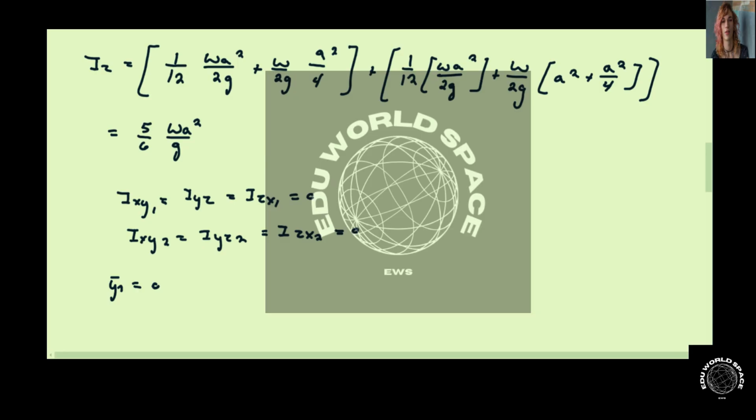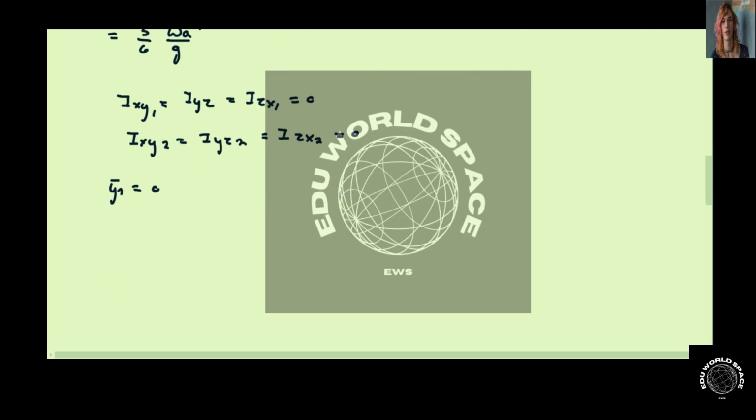And so we have Ixy equals m x2 y2, which equals W/2g times a squared, which equals W/4g a squared.